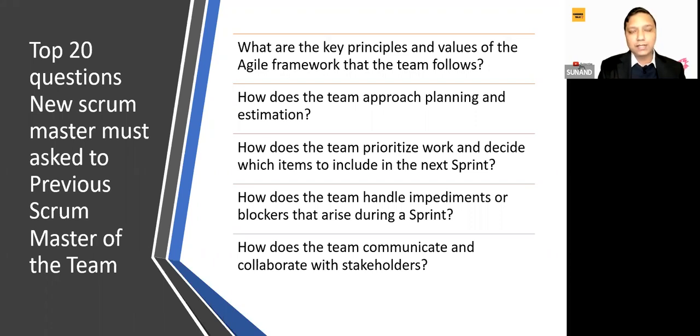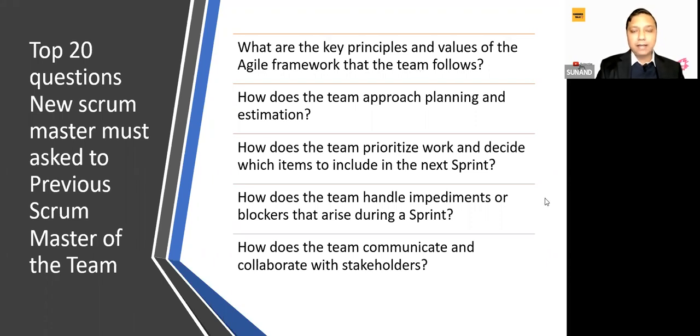So for example, what are the key principles and values of the Agile framework that the team follows? So you will get to know the maturity of the team by asking this kind of question. How does the team approach planning and estimation? It's again very important as a Scrum Master for you to know how the team is doing estimation and planning. How does the team prioritize work and decide which items to include in the next sprint? This is again an important point to know.